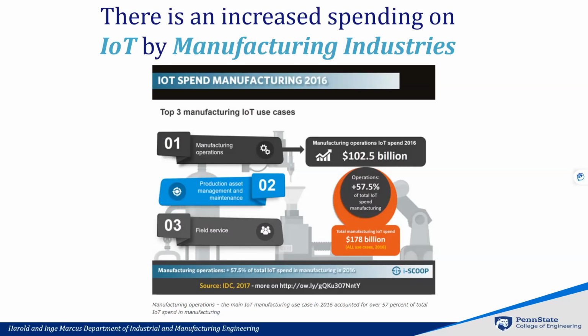So as I indicated early on, there's a lot of money that is being spent, and this is increasing in terms of maintenance and being able to sense the health of a machine. That is becoming very interesting and important going forward for a variety of industries, especially manufacturing.